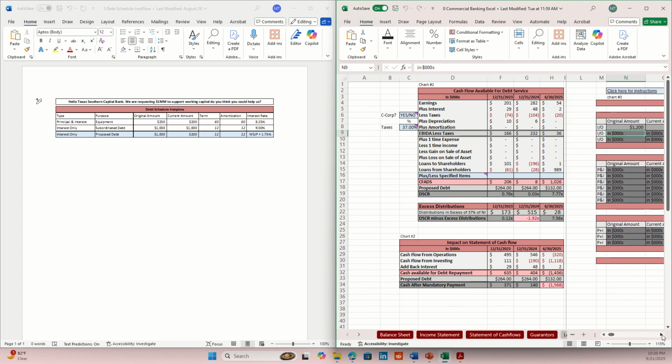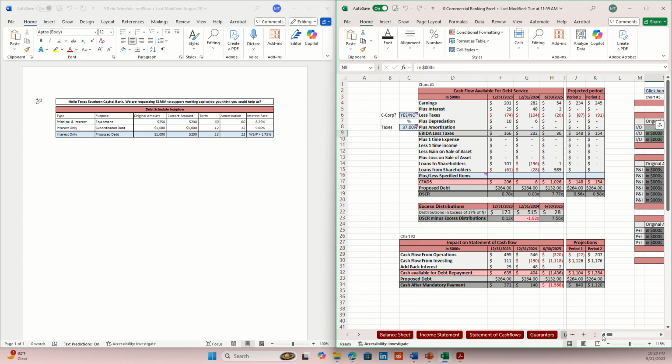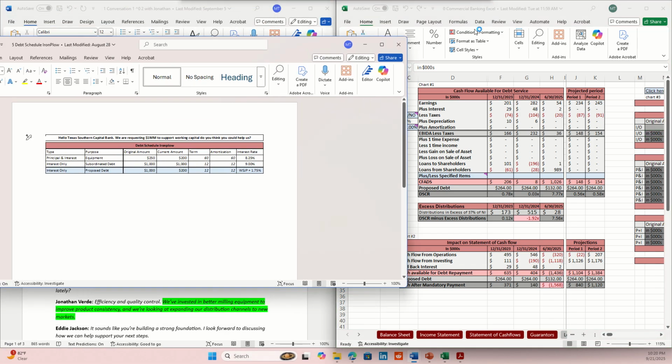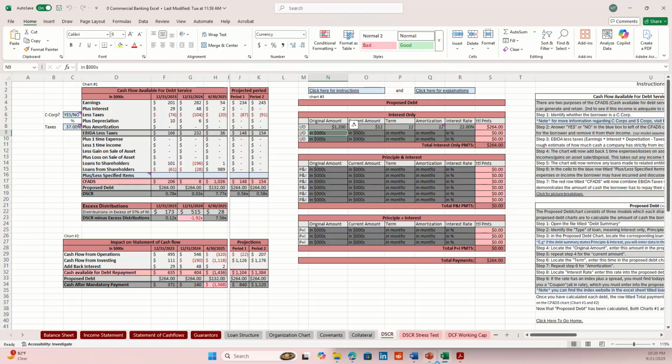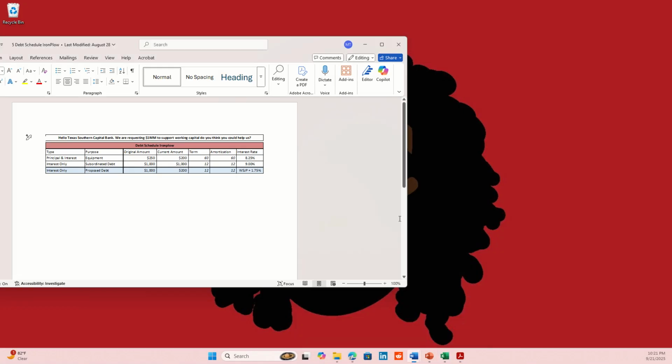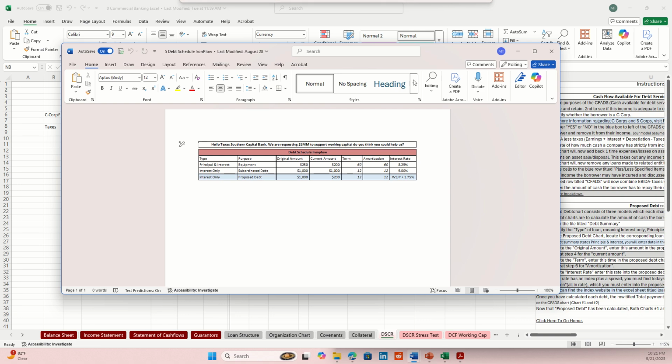Now, what I'll do is minimize this, bring this up. Right, so the debt schedule. You might be wondering, well, Makai, what does the debt schedule tell us? Well, for me, I'm not going to keep these documents open as two separate documents. I'm going to put it all in one page.